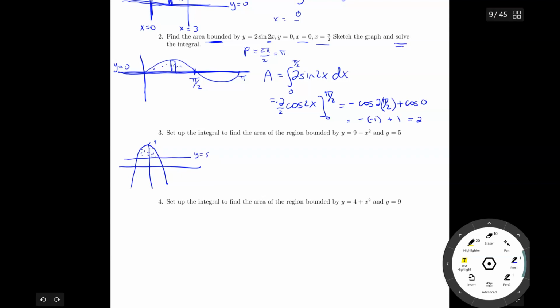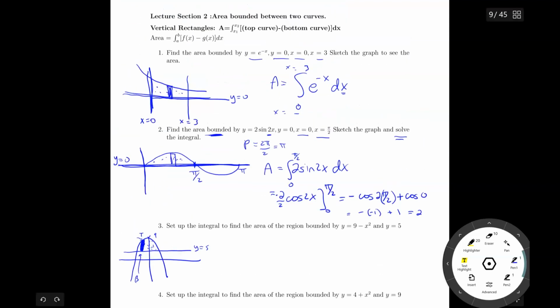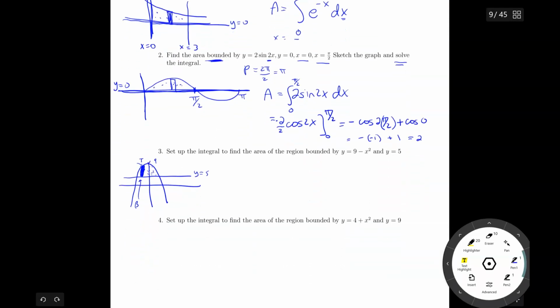I encourage you not to color it all in, just put dots, because you're going to need to see the rectangle. This is the top of the rectangle and this is the bottom of the rectangle. Finally we're getting to use this idea at the top here: top curve minus bottom curve. Top of the rectangle, subtract off bottom of the rectangle.